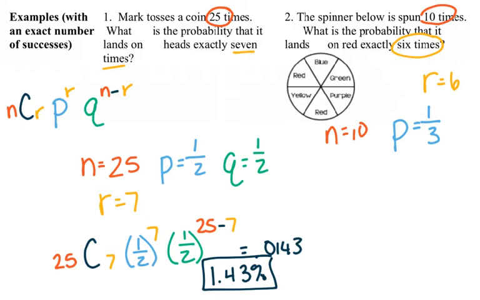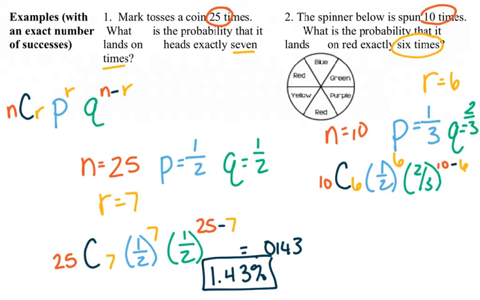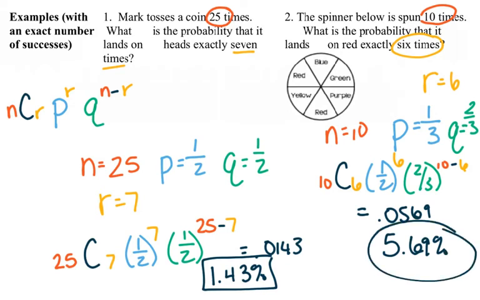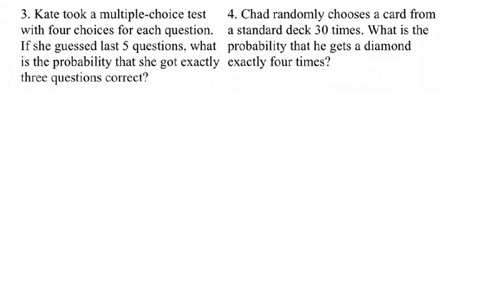It's actually 2 out of 6, which reduces. Which means that failure would be 2 out of 3. So now I'm going to put it in the formula. So if I put this all in the calculator, I get 0.0569. I change that to a percentage, 5.69%.